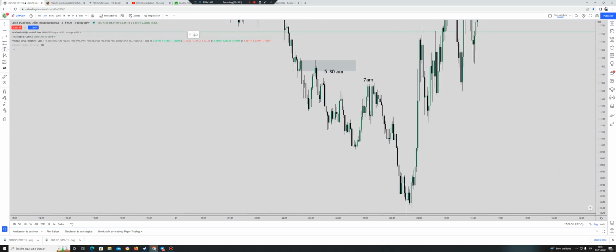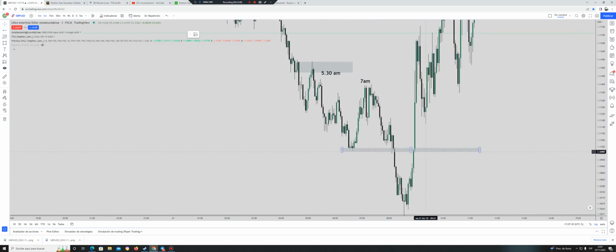So imagine all those retail and small money traders. The retail is trying to sell here on this support, which now they're going to call resistance.